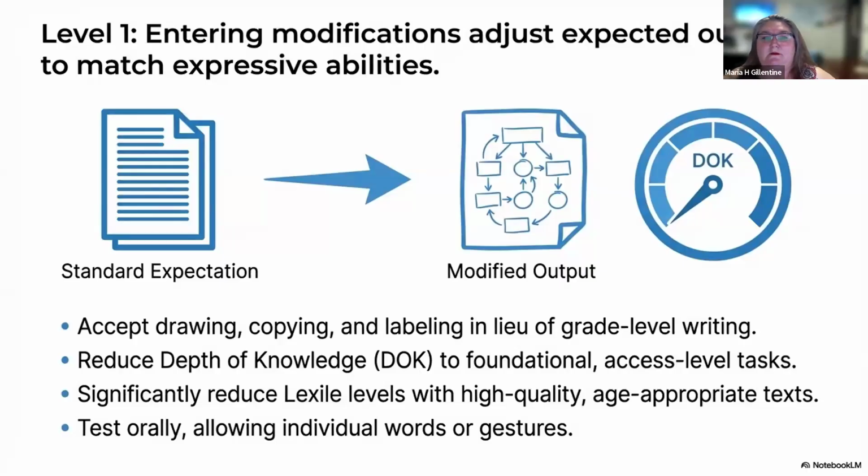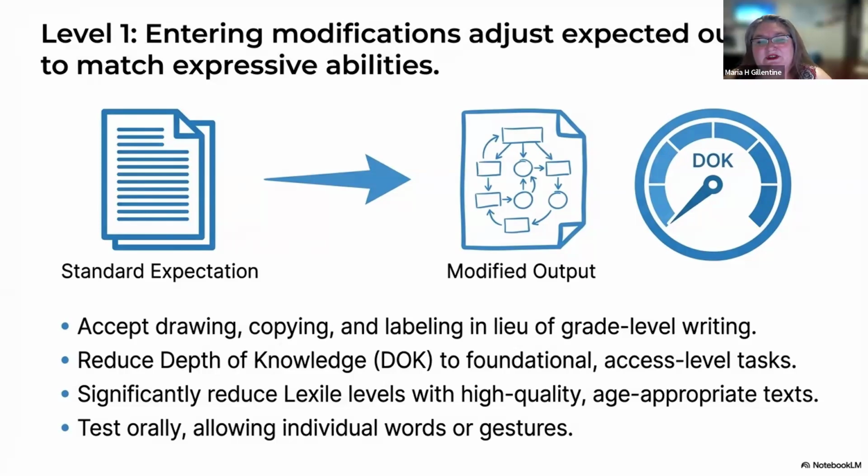We're talking about actually modifying the assignment, keeping that high rigor, keeping it at grade level, but providing scaffolds and making modifications to the assignments. The modification should recognize that students often understand more than they can express. So it's making that bridge, it's giving them that access.